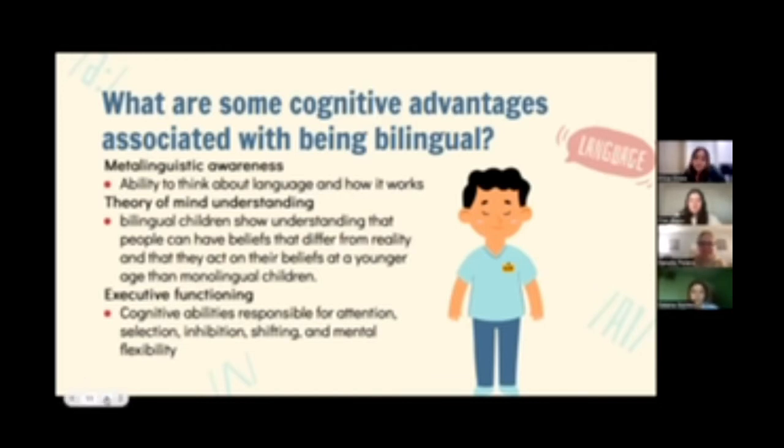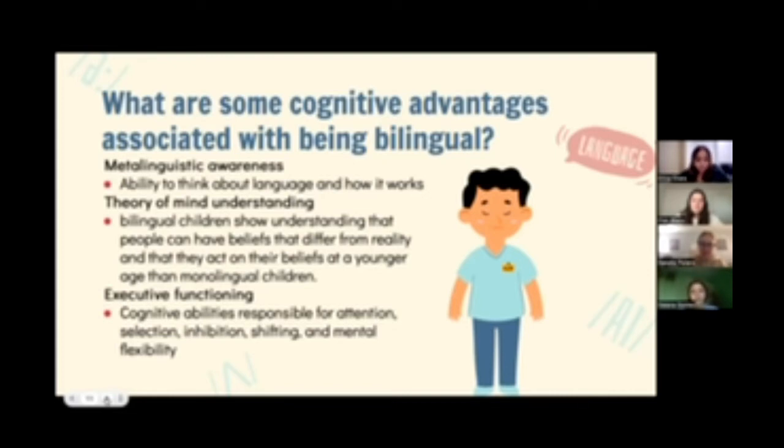Some cognitive advantages associated with being bilingual are metalinguistic awareness, theory of mind understanding, and executive functioning. When we talk about metalinguistic awareness, this means that children have the ability to think about language and how it works a lot better than monolingual children because they are understanding and learning two languages.